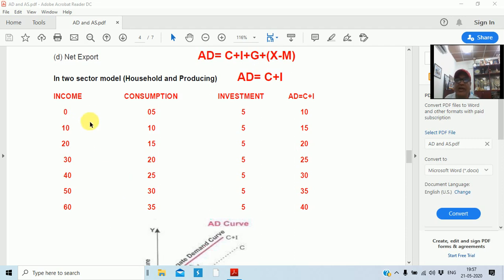First thing, even if income is zero, consumption can't be zero. And what do we call this consumption? Autonomous consumption. And as income increases, consumption also increases. In this consumption, at the income level of 10, 5 is autonomous consumption and the rest 5 is induced consumption. So as income increases, consumption also increases. This is clear about the consumption function.